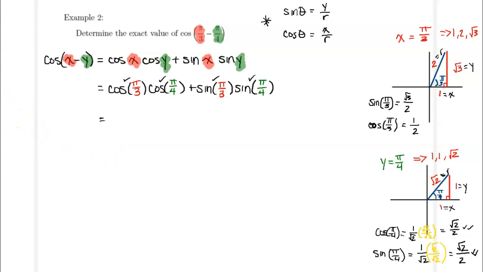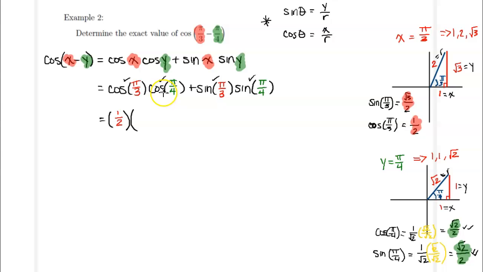So I'm going to plug in my sine and cos of pi over 3 and my sine and cos of pi over 4 back into my original formula. So what do I get? Cos of pi over 3 was 1 over 2.